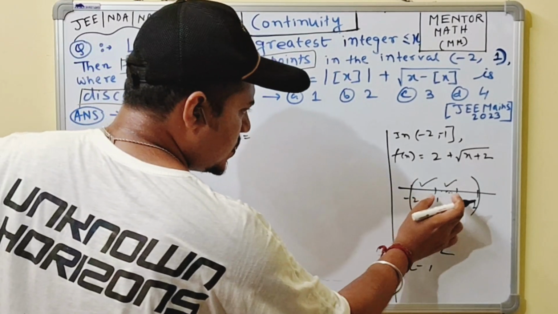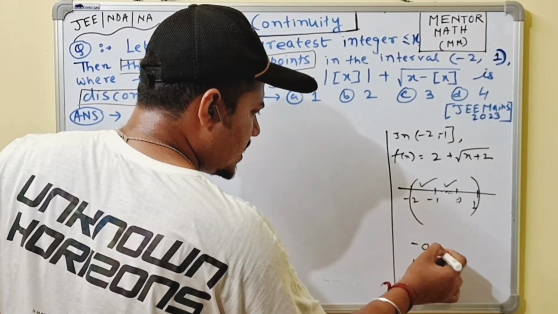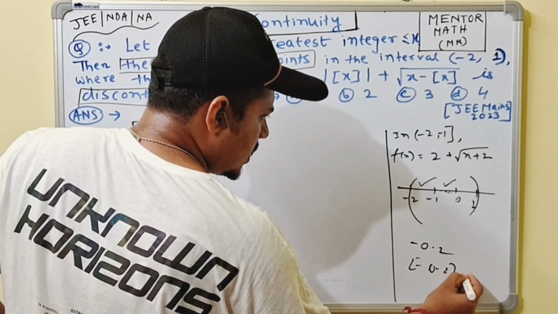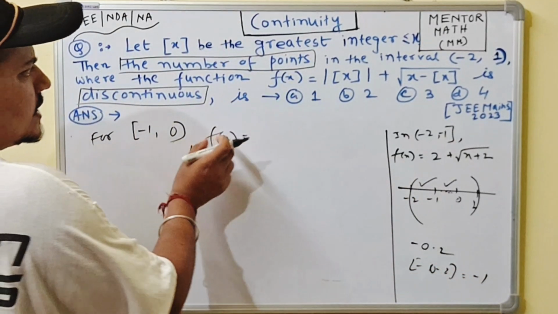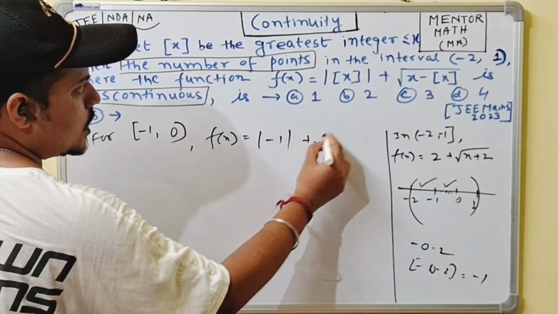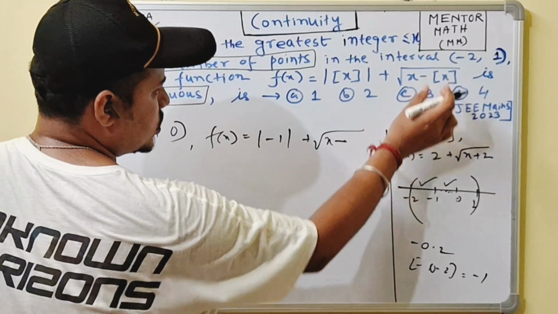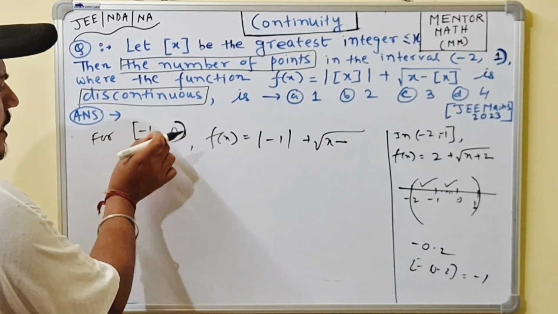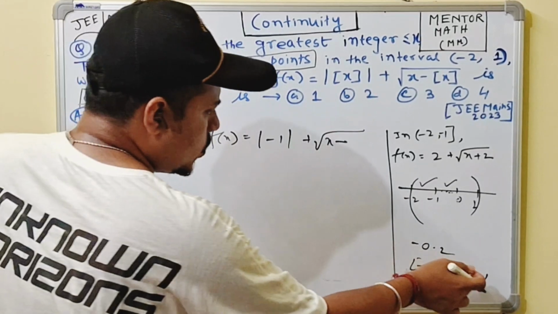If I take in between this number, if I take minus 0.2, it gives box of minus 0.2 equal to minus 1. So here you can put minus 1, mod of minus 1, root under x minus this box x. If I take any values in this closed interval minus 1 to 0, we get the value minus 1.